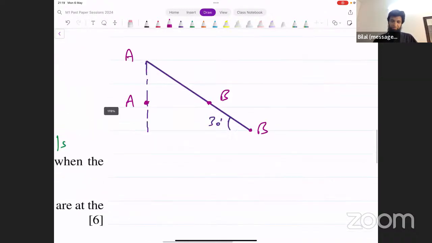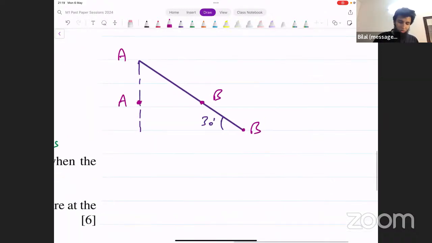Now think about it. This total length was what? This total length was 1 meter. The total length is 1 meter. Now, if the total length is 1 meter, A has traveled some distance from the top to this point. Let's call that HA, let's say.